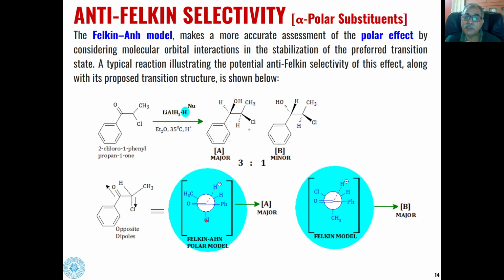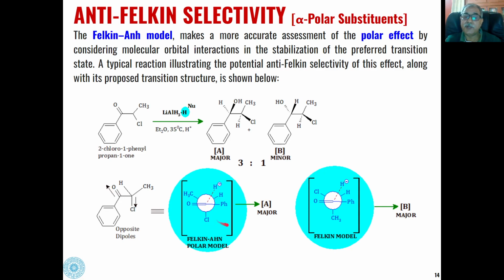So with this assumption, this Felkin-Anh polar model is to be considered, where this will be at the perpendicular position to the carbonyl, and that should be anti to the attack of the nucleophile.